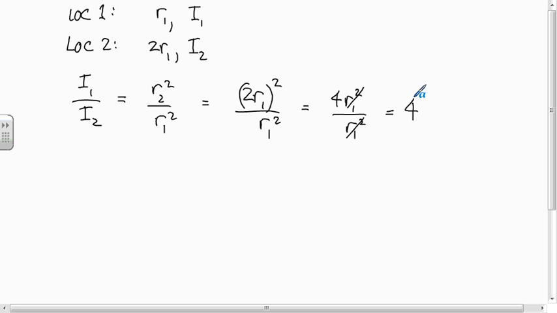Well, there's one more thing that we have to consider, and that is that in talking about loudness, we don't tend to use that measure of intensity. We don't tend to use watts per meter squared.